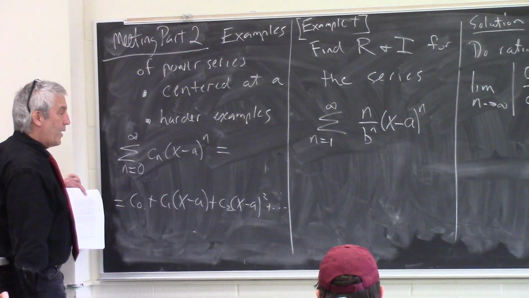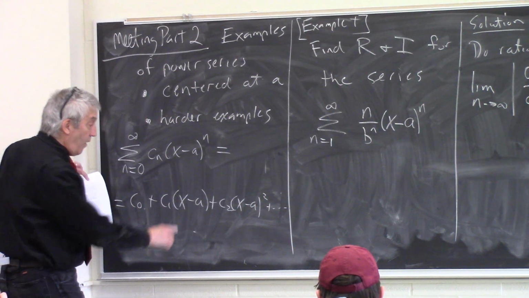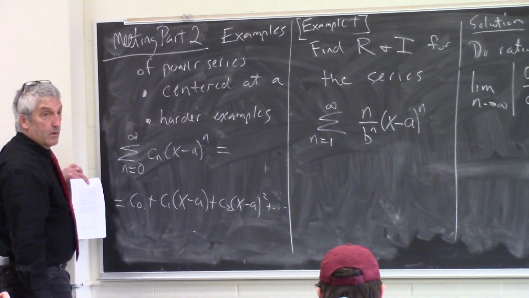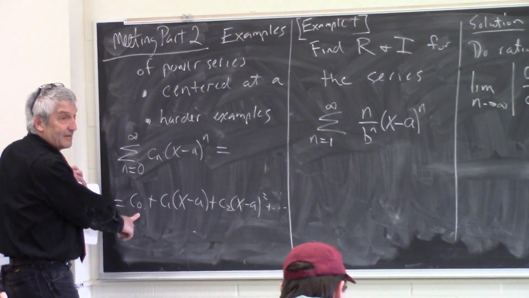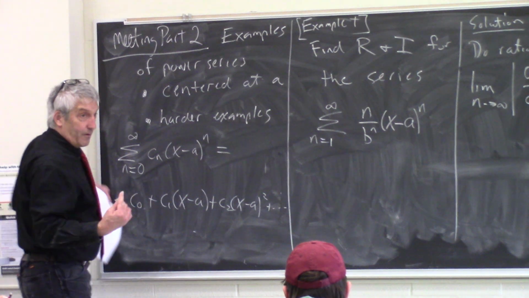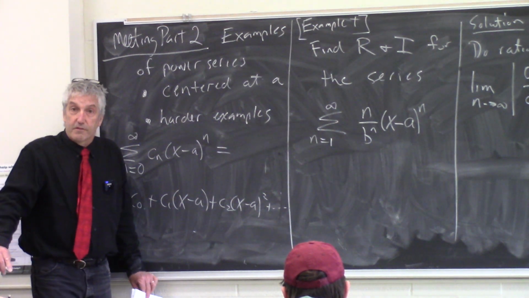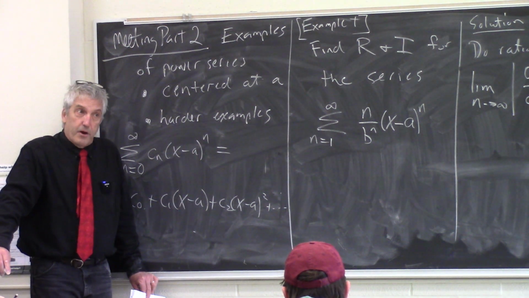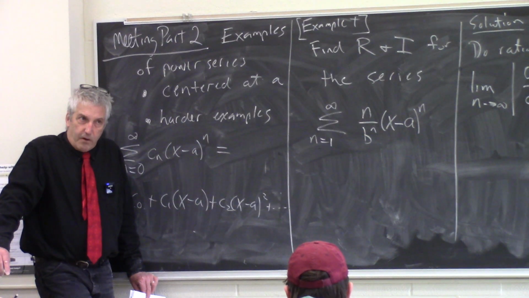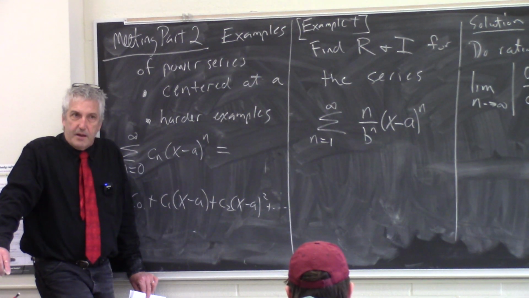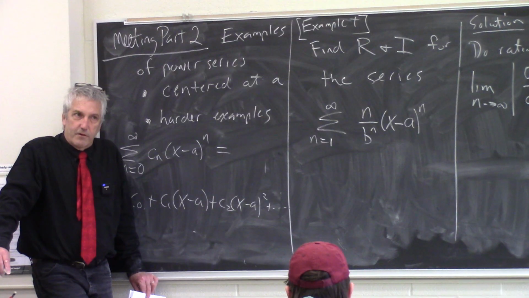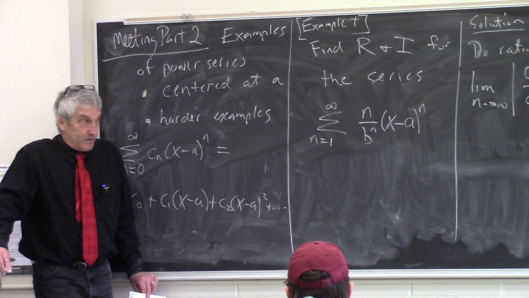Now, when x equals a, all these terms become 0, and the whole series just equals C0. So for sure, the series converges when x equals the number a. The question is, how far away can x get from a and have the series still converge? That's the idea of the radius of convergence.